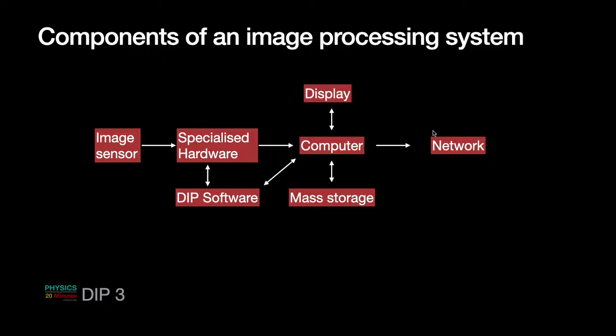That is how a modern present-day image processing system looks. Now it is a digital image processing system. Images are converted into number format, and what we are processing are basically the numbers.